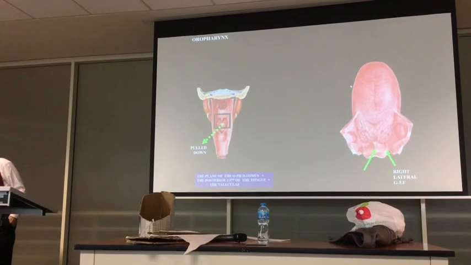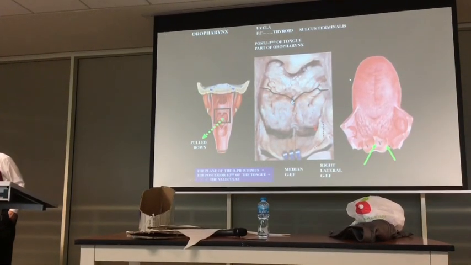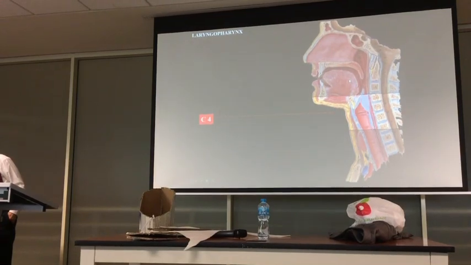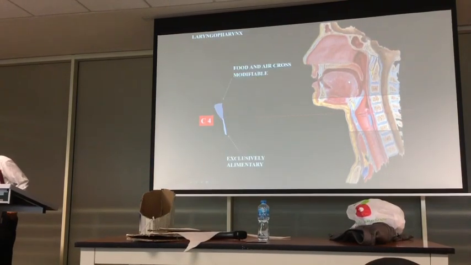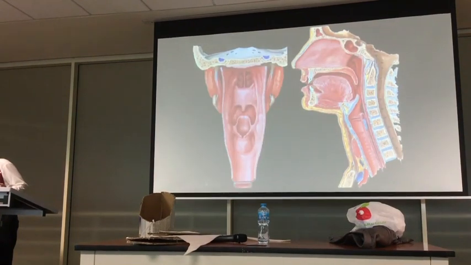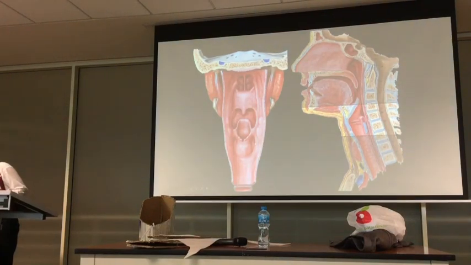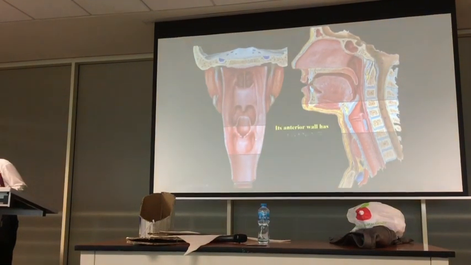Here are the tonsils. What's more important for us to know here is this space, the piriform fossa, between the two membranes.